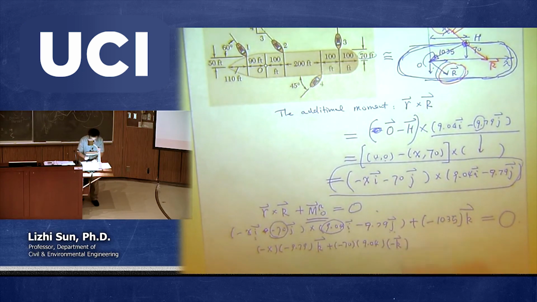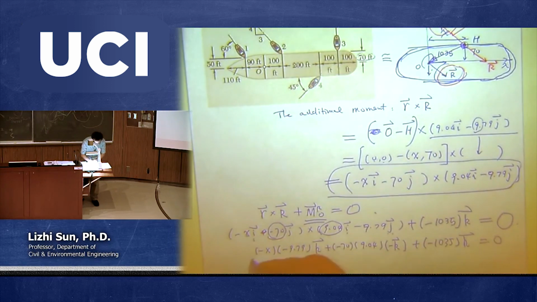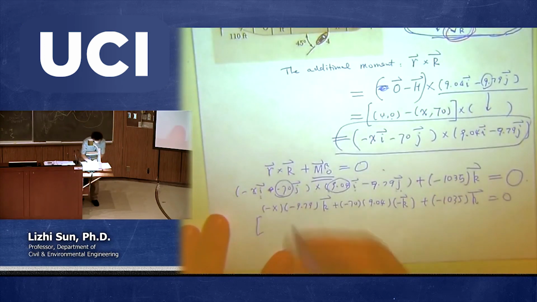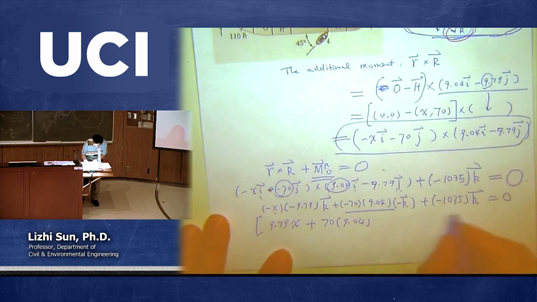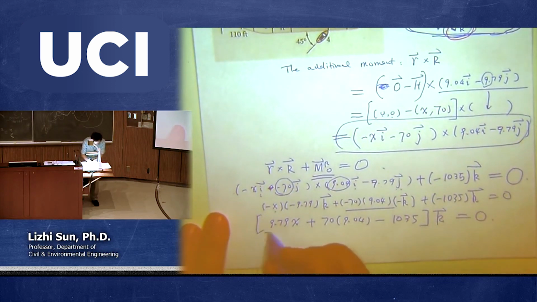The negative k. Okay? And then j cross j equals 0. And then plus negative 1035k, and that equals 0. So anything in front of k combined, that's going to be positive 9.79x, this one is positive 70 times 9.04, and then negative 1035, times k equals 0. So then this one must equal 0, right? So then from this equation, you get x.